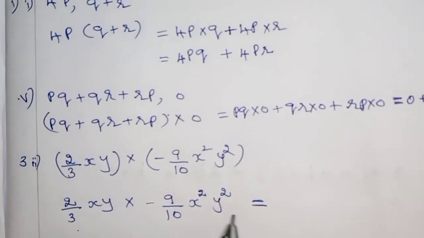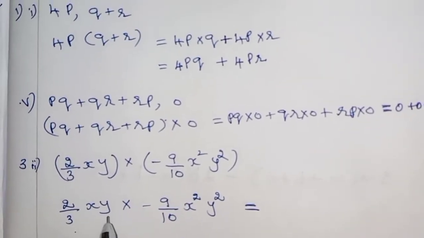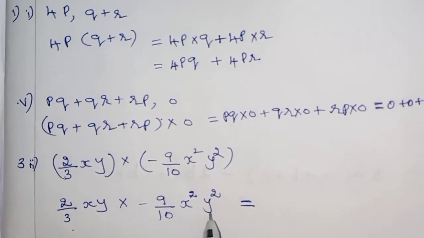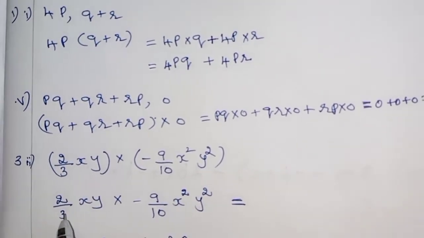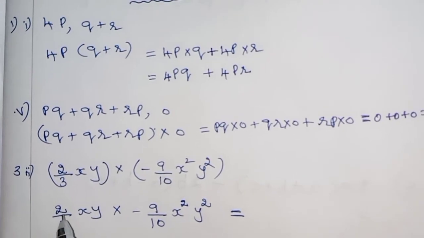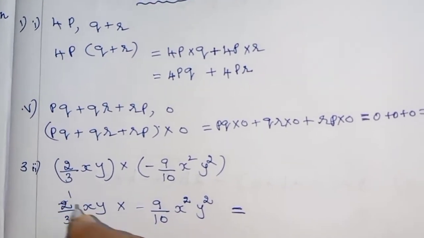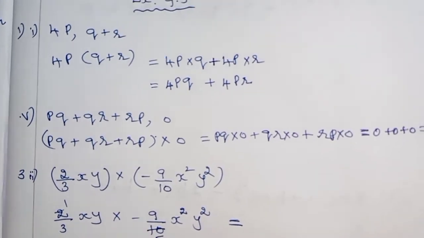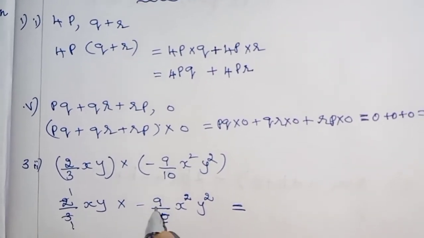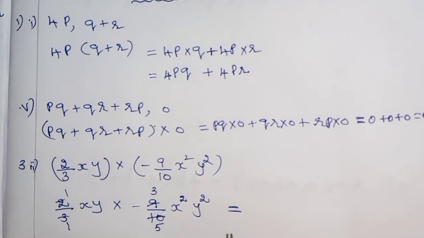Now look at the second one. 2 by 3 xy into minus 9 by 10 x square y square. So we cancel one number in the numerator and one number in the denominator. 2 ones, 2 fives. 3 ones, 3 threes.